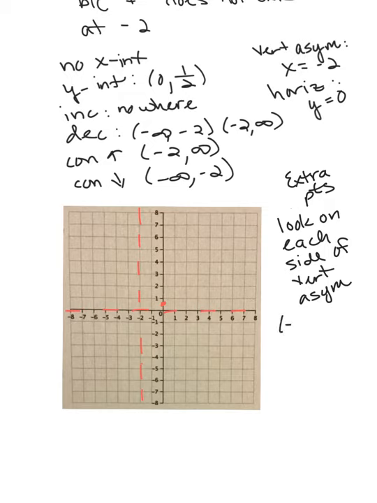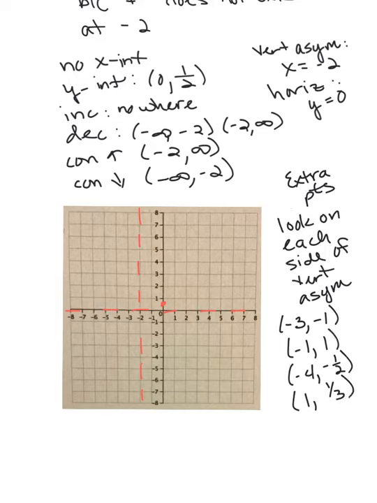So I'm going to take negative 3 and plug it into the original equation. If you do that, you get negative 1. Put negative 1 into the original equation. You get positive 1. If you put negative 4 into the original, you get negative 1/2. And if you put positive 1 into the original, you get 1/3.